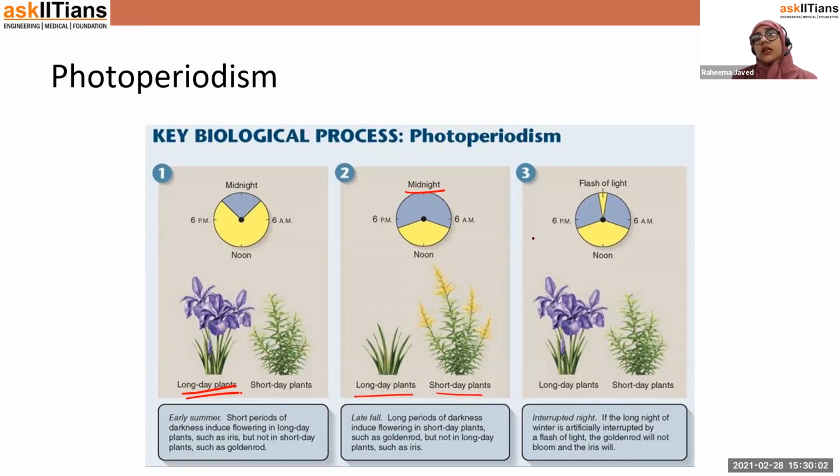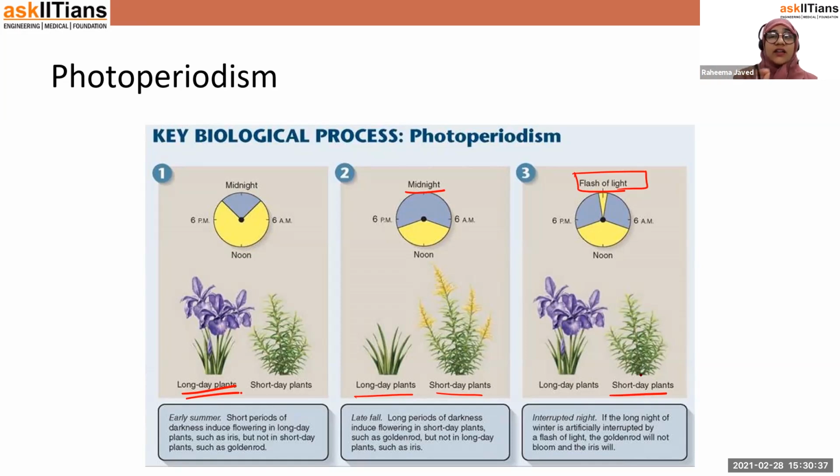In this particular example, it is explained that if during the dark period a brief flash of light is given, both the long day plants and the short day plants are affected. How are they affected? The short day plants will not flower if their dark period is interrupted with even a brief flash of light.